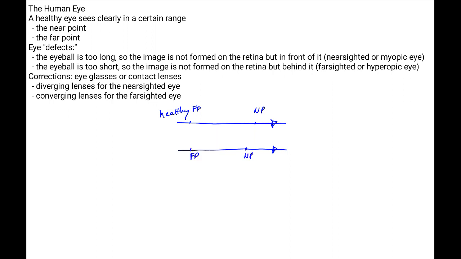So if you place something inside where a normal eye can see clearly, if you place an object here, it doesn't see it clearly. So we have to give this person converging lenses so that the person can see clearly.